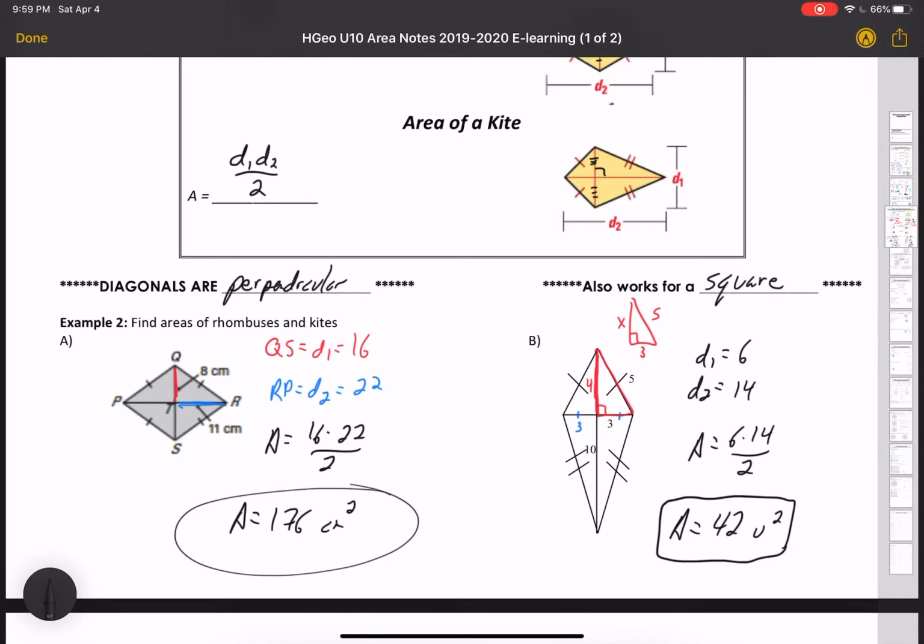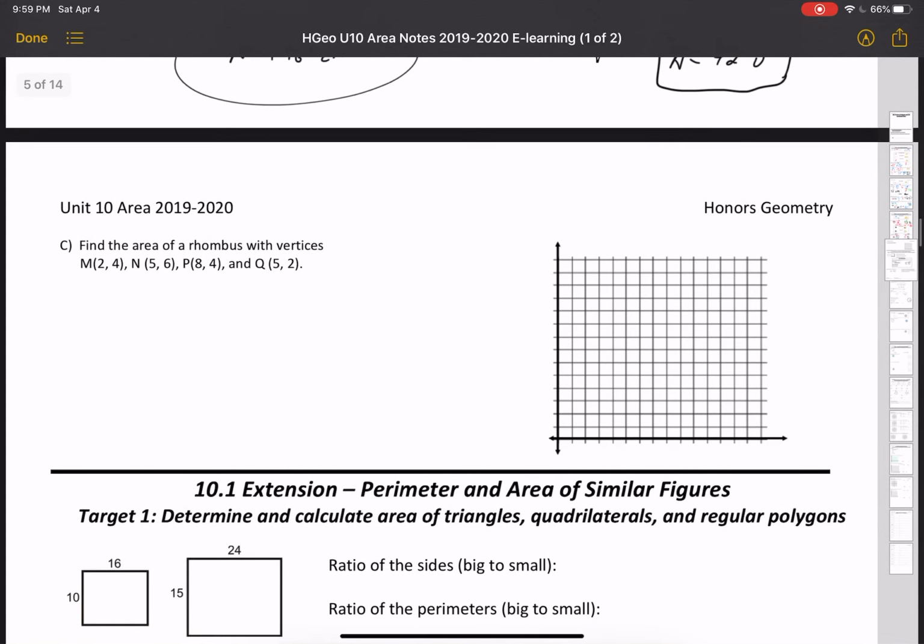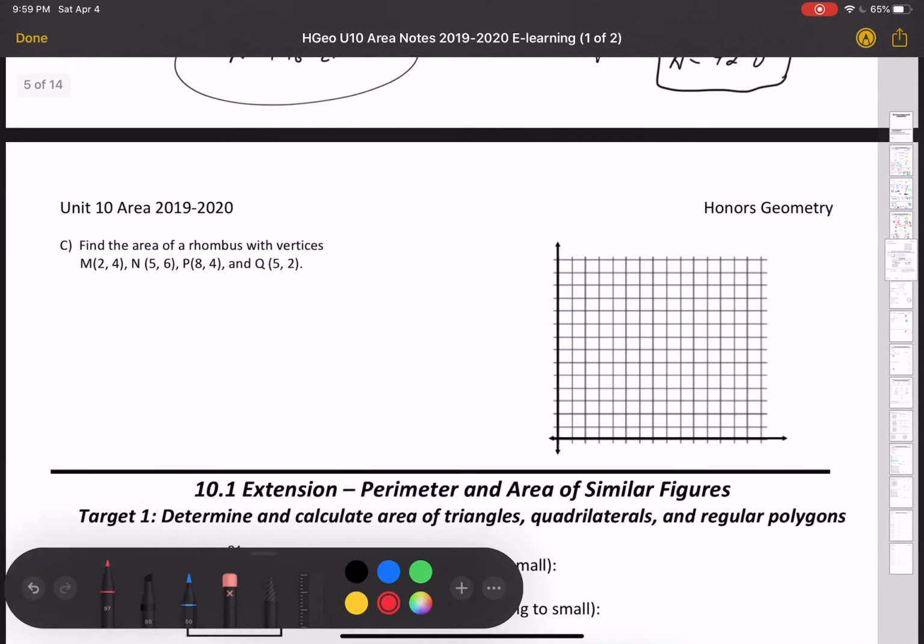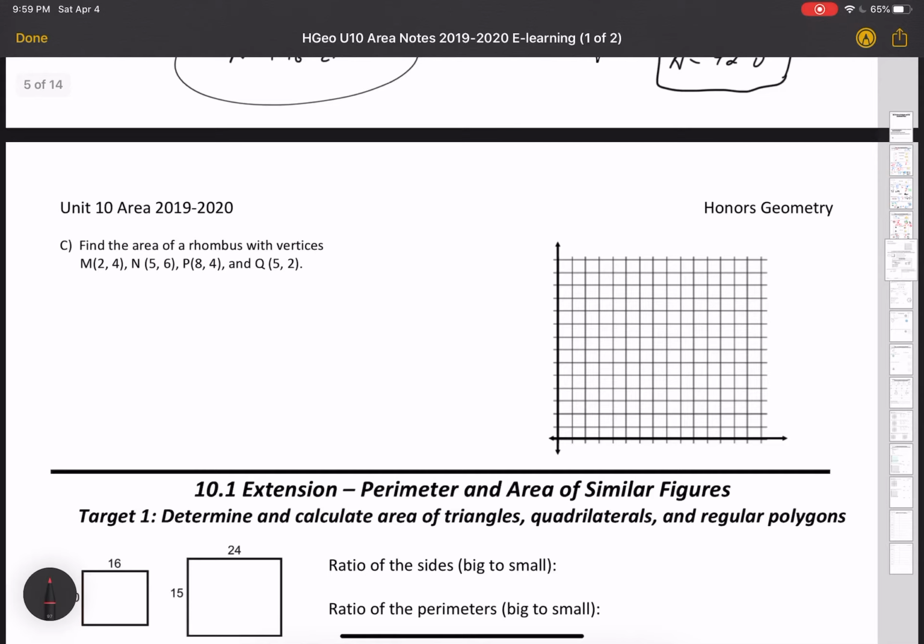Okay? All right, so last problem for this video. Find the area of a rhombus with vertices. So plot the points as I do the same. 1, 2, 3.